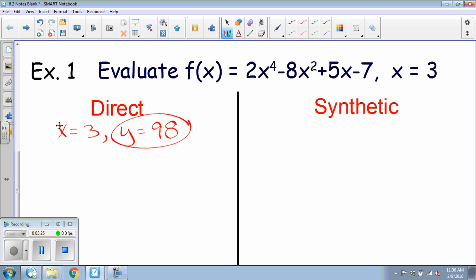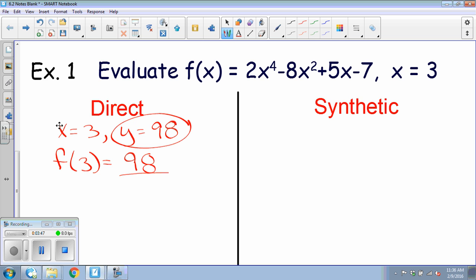Now, you need to get used to function notation. So they told you this function was f of x equals that, right? And then they wanted you to evaluate it at x equals 3. So that is like saying f of 3 equals what? 98. This is function notation.